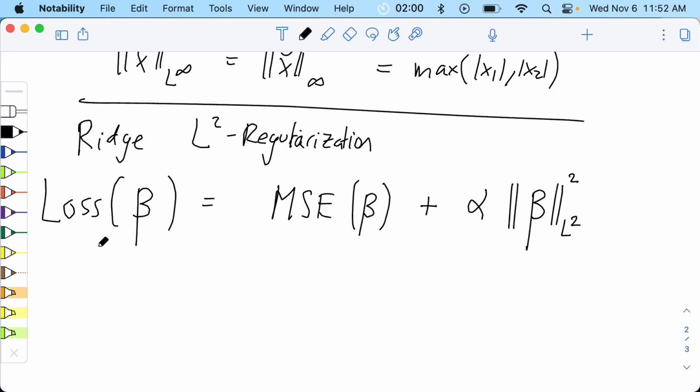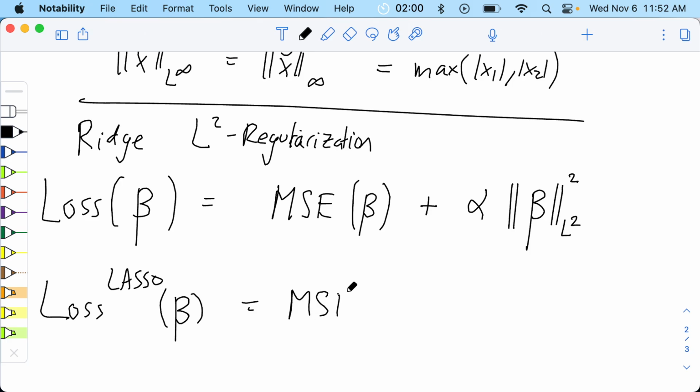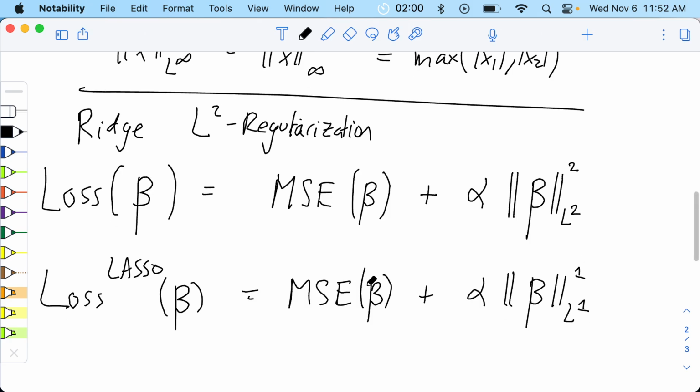On the other hand, we're going to make a new one today called the Lasso, that you should have seen some videos on, and you know what's coming, which is alpha times the L1 norm, to the power 1. The L1 norm says, don't penalize based on the sum of the squares of the beta, penalize based on the sum of the absolute values.